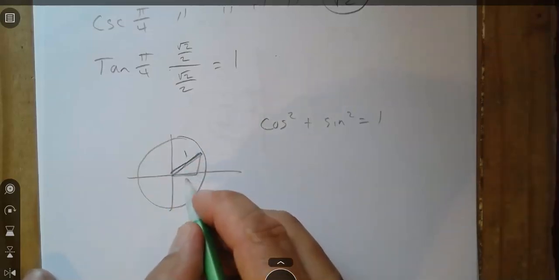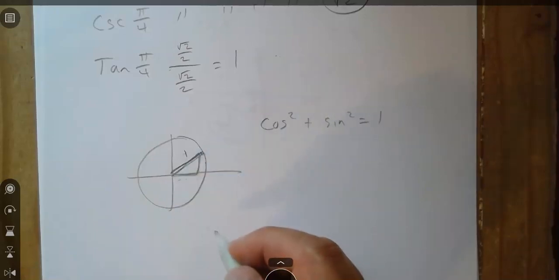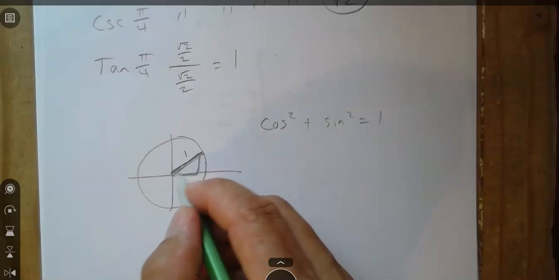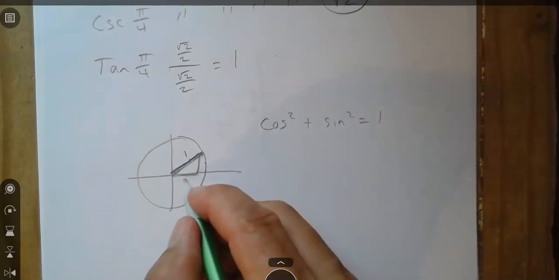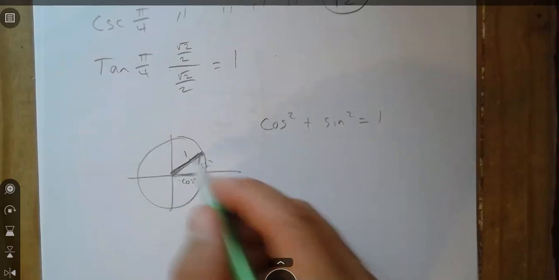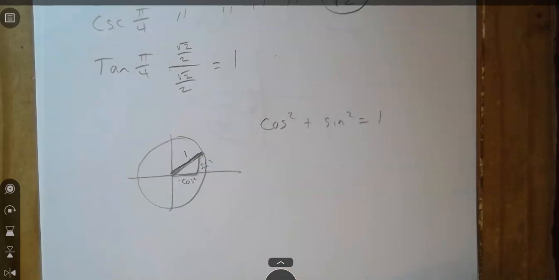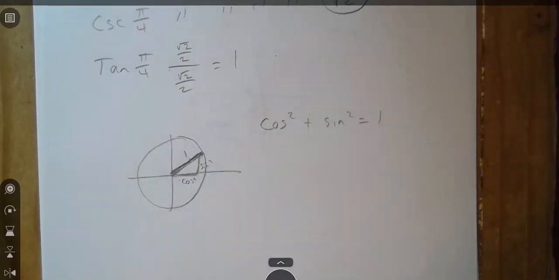So with Pythagorean, it's a squared plus b squared equals c squared. If this is 1, then whatever my cosine squared plus my sine squared is, it's going to equal 1 on my unit circle. That always comes out true on every single triangle and everywhere we go. So we know this is an identity.